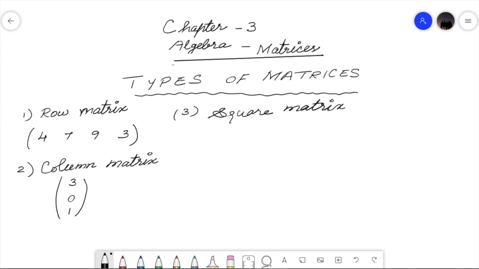Similarly, here m and n will be the same number. A square matrix means the number of rows and the number of columns will be the same. 3, 2, 1, 4, 7, 9, 0, 3, 1.